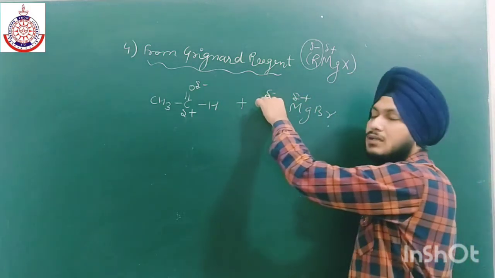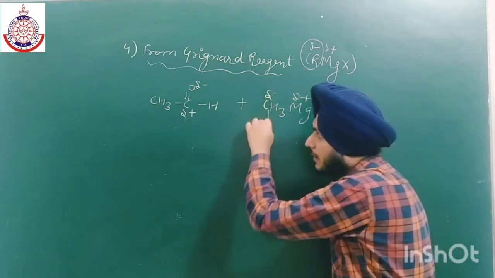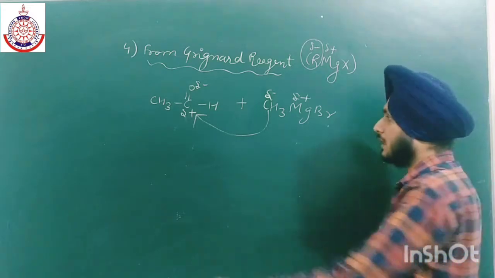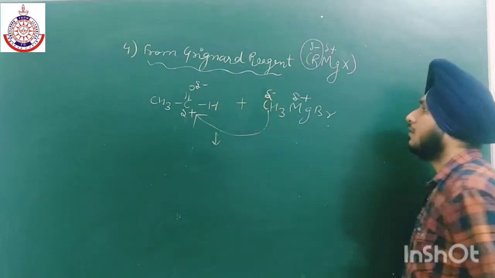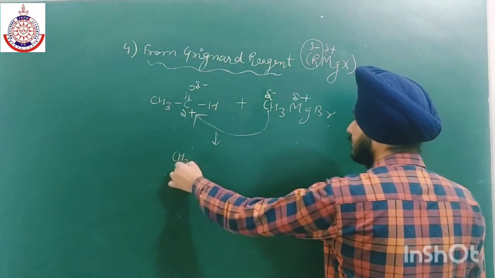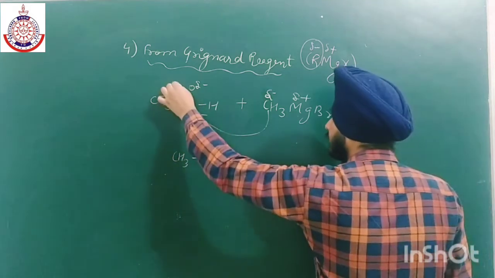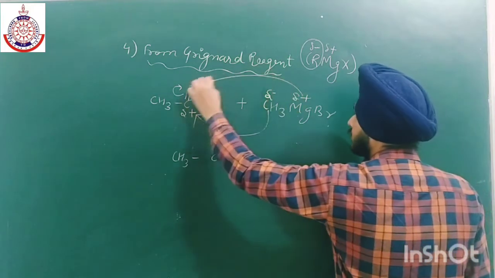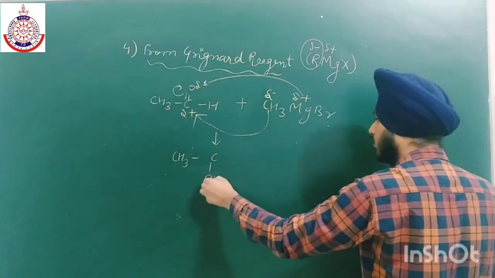Now this CH3 will act as a nucleophile and attack on the carbonyl group. So now CH3 C, and this double bond will shift over here, and this MgBr will attach to this oxygen atom, and we will get OMgBr, hydrogen over here, CH3.